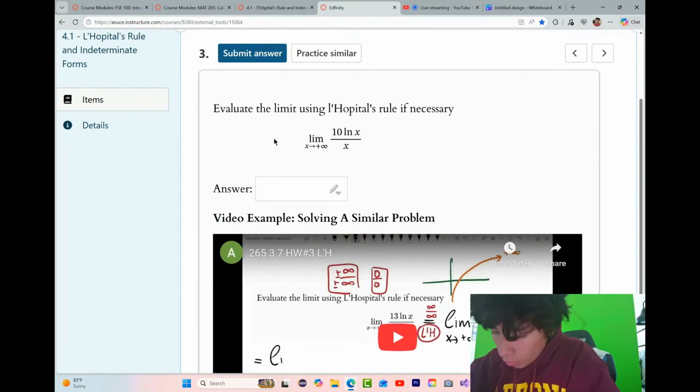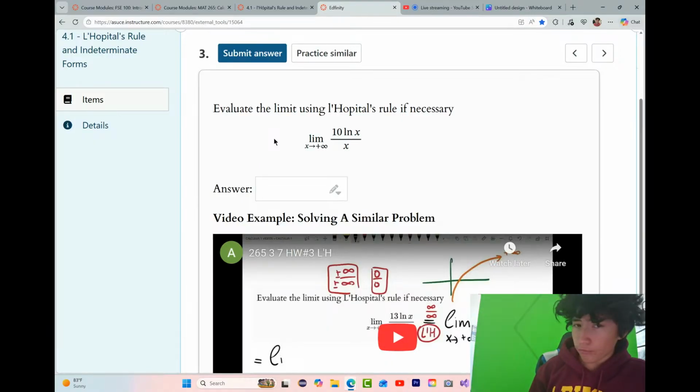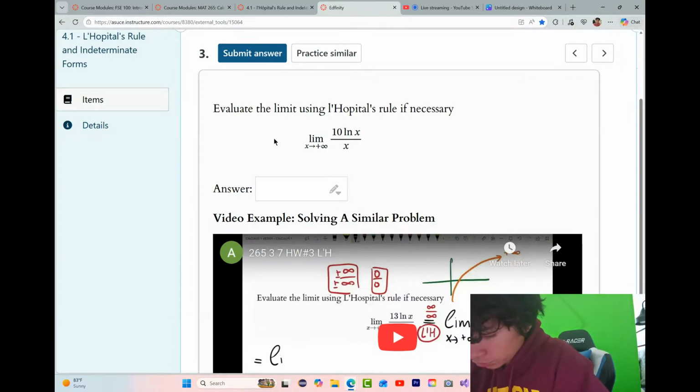So we have the limit as x tends to positive infinity of 10 times the natural logarithm of x over x. So for infinity, the natural logarithm of infinity, e to the power of what gives infinity? That's going to be infinity. 10 times infinity is infinity, so we have infinity over infinity. So we have to apply L'Hopital's rule.